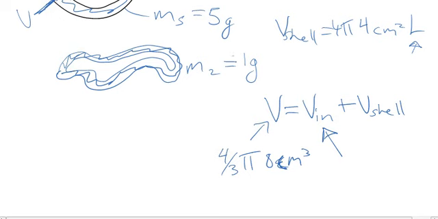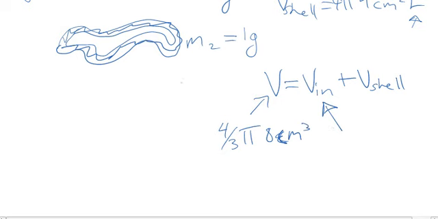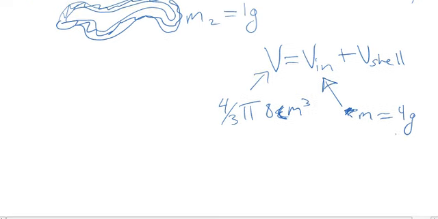And so we can look at the difference of the shell and the mass of the whole thing, and we can figure out what the mass of this volume is. And so we know that the mass related to this is going to be equal to 4 grams. Now, if we know the density, we have a relation between the volume and the mass.